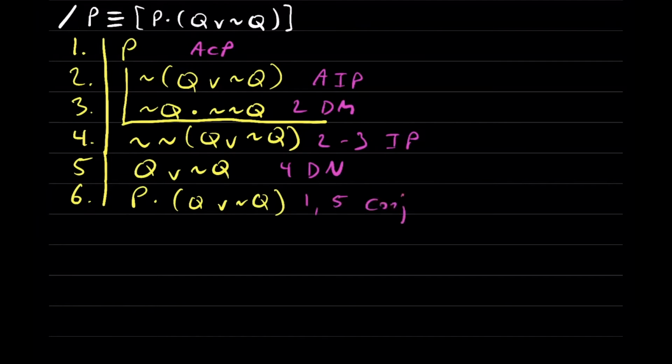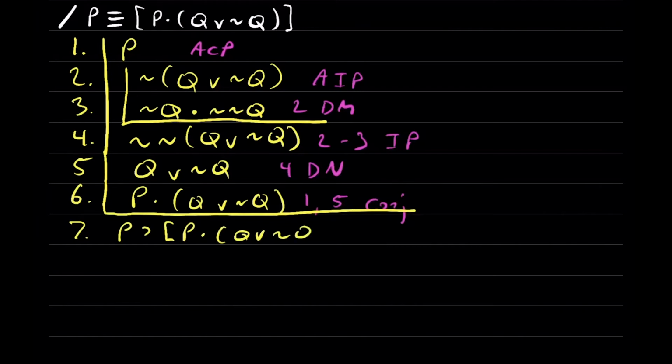And now I've proved the conditional one direction, right? If P, then I can get P and Q or not Q. So I can close off that sequence. Line 7, I will have shown if P, then in a bracket now, P and Q or not Q. That's going to follow from lines 1 through 6 by conditional proof.